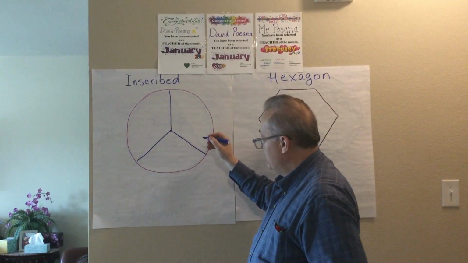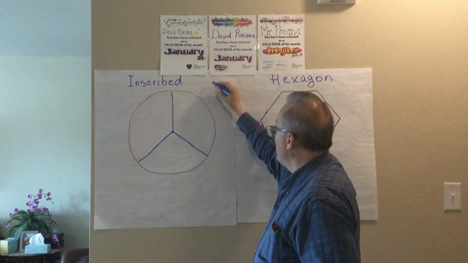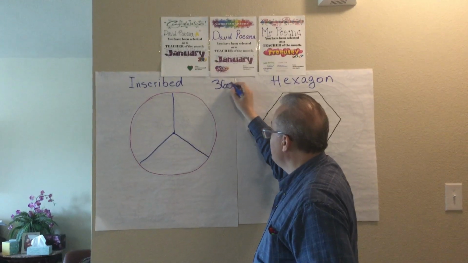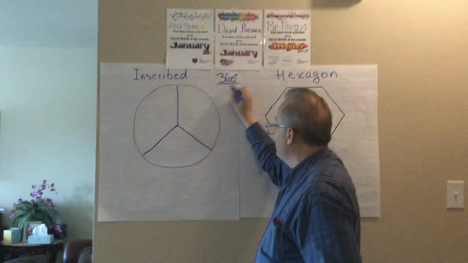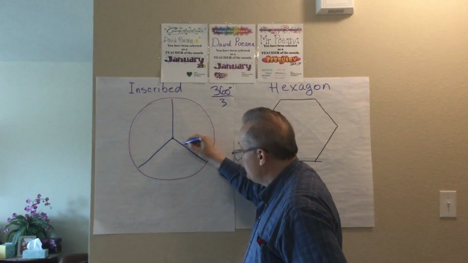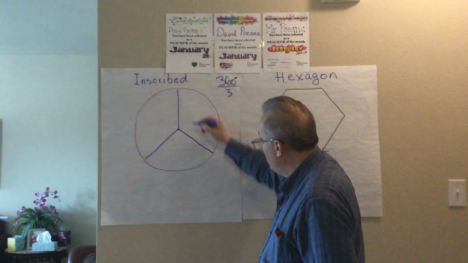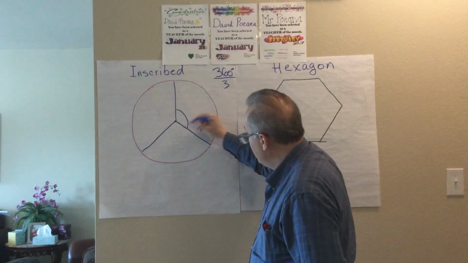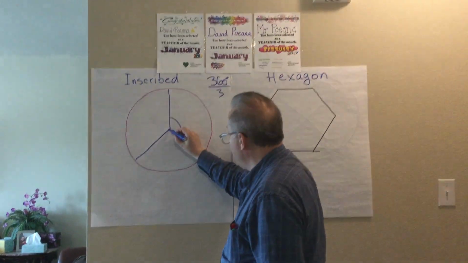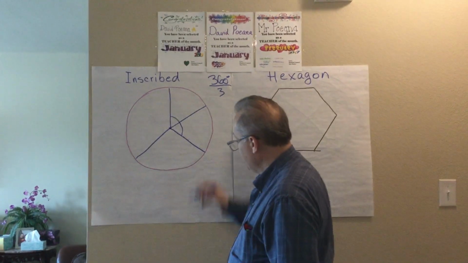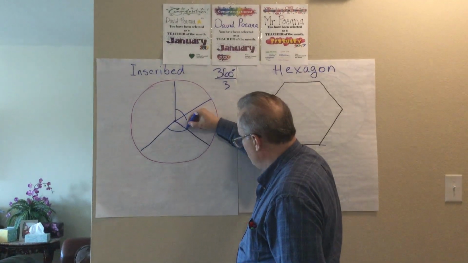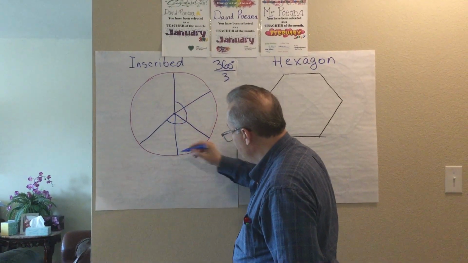If I know that the circle has 360 degrees, I divide it by 3, I get just 120. Ooh, 120. It tells me that I have to divide it one more time. And this one that is 120, I divide it one more time.